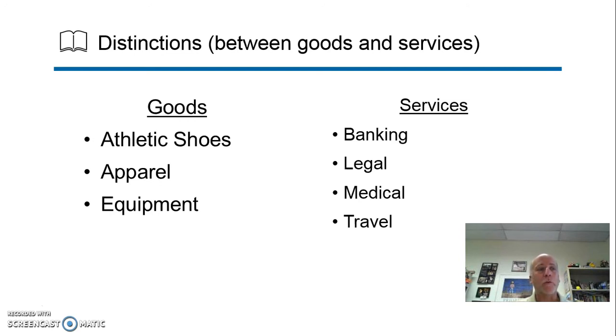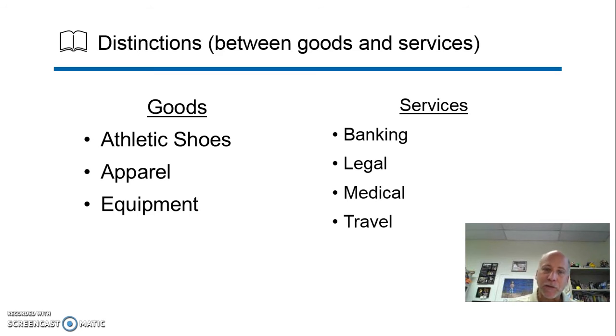On the other side, when we talk about offering a product, that product might be a service. For example, banking. You take your check to the bank, cash it, and they give you cash back. There really is no product per se that you are receiving. If you go to a lawyer to get legal advice, or to a doctor to get a checkup, or even, as it says, travel here, if you go somewhere and purchase a trip over spring break, for example, you are buying a service, not necessarily buying a product.